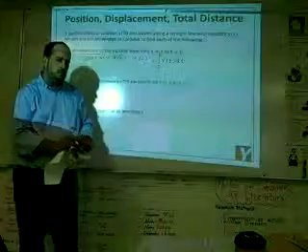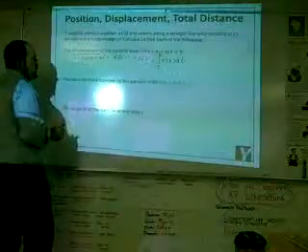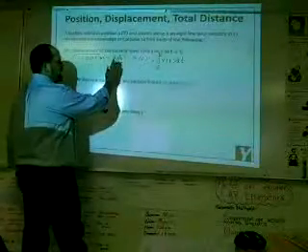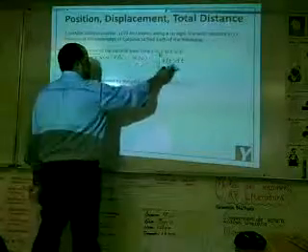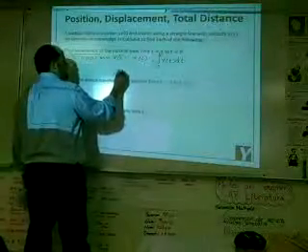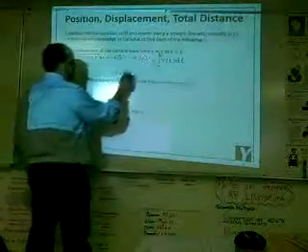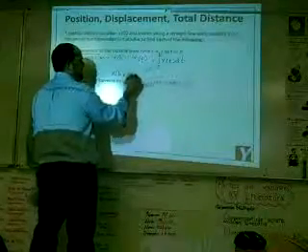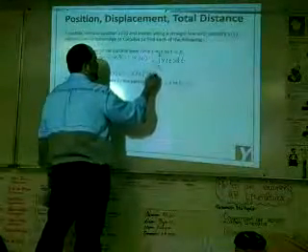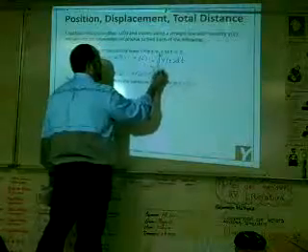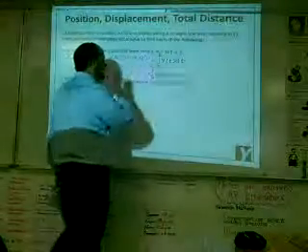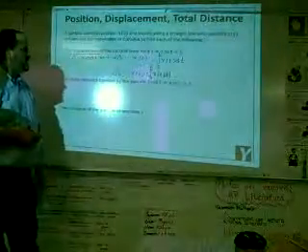This statement holds true. The other way I like to think about this is not as x of b minus x of a is equal to this, but as x of b, my position at time b, is equal to my position at time a plus my change, my displacement.